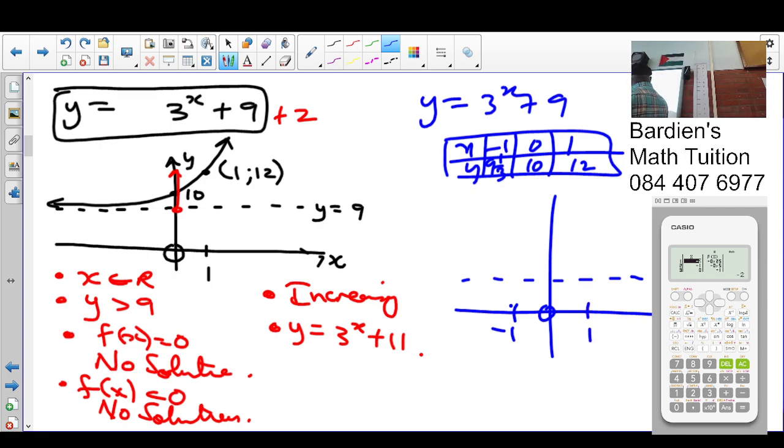That is going to give you 9 and a third. x is 0, y is 10. x is 1, y is 12. There is that graph exactly. Can you see? So if you wanted, you could. Okay?